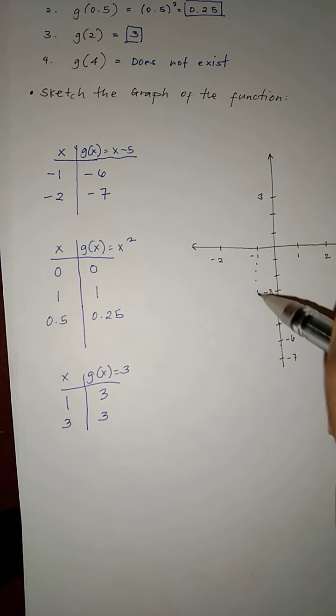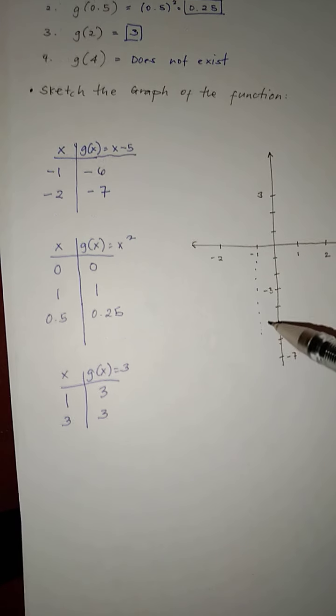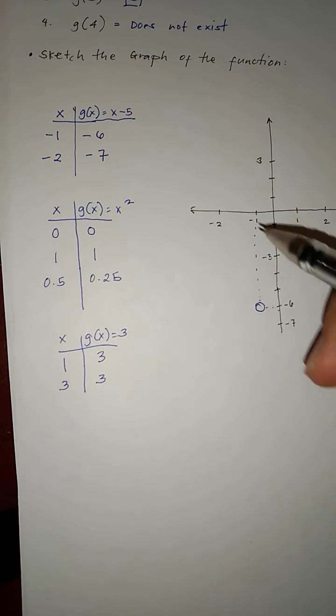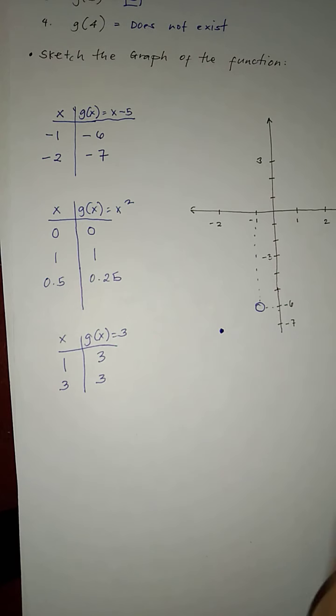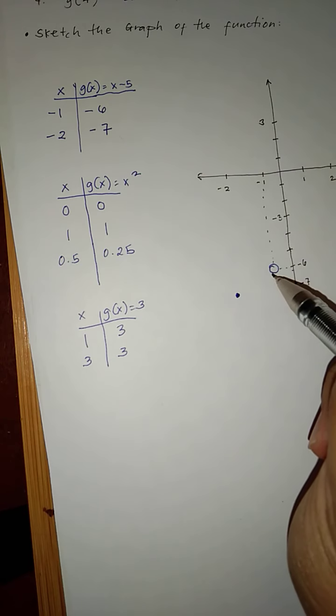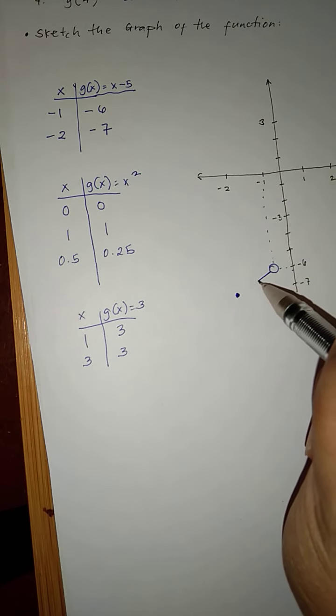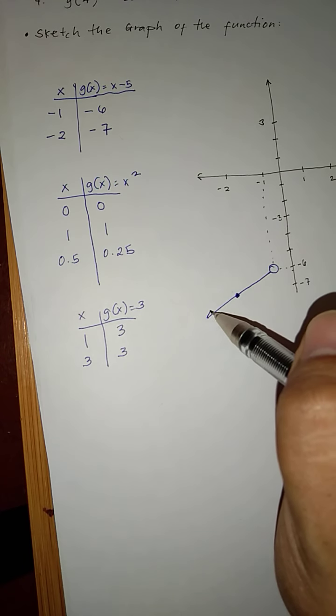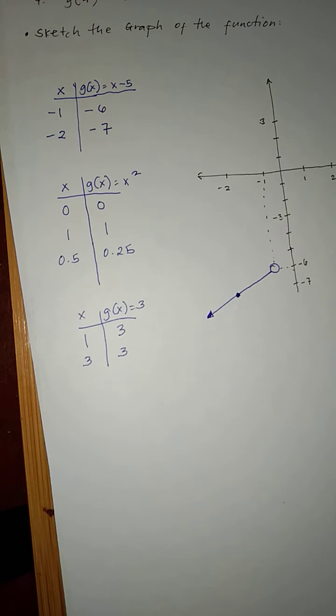So let's locate this point. Okay, and then of course negative 2, negative 7 is right here. Let's estimate. And then it is a straight line, so therefore graph it like this one. So this is the first part.